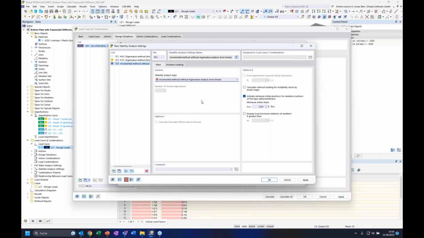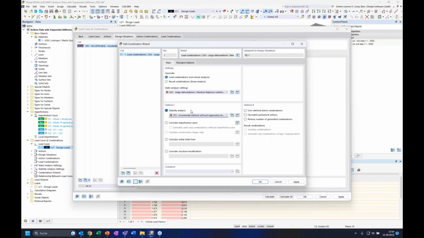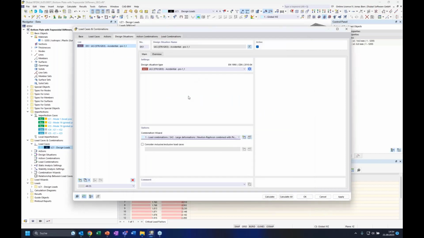I will start with a load factor of 0.1 and a load factor increment of 0.1. And I don't provide any additional stopping conditions. I just want the solver to run the simulation until convergence fails, so until the solution diverges. And I, of course, also want to save all the results.